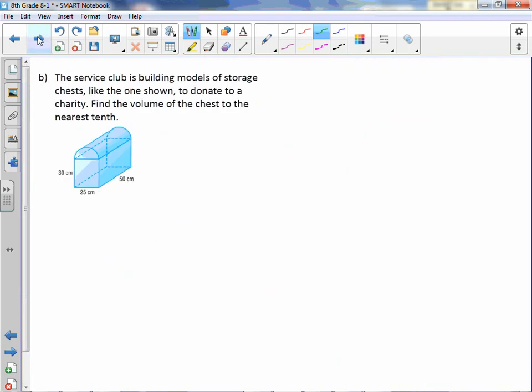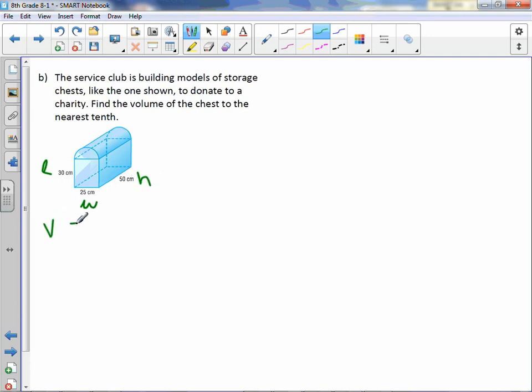The Service Club is building models of storage chests like the one shown to donate to a charity. Find the volume of the chest to the nearest tenth. So I see half of a cylinder on top and a rectangular prism. Let's find that one first.